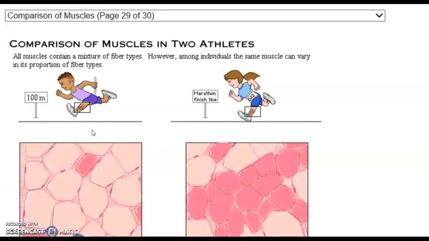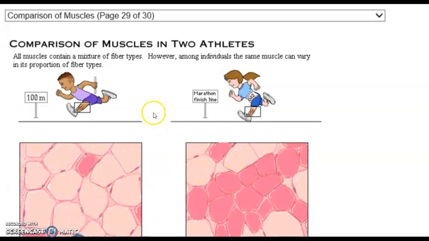There's something called epigenetics that's being studied now where that might not always be the case, but most of the time you can't change what your muscles are made up of. What you can do is develop whatever combination you have. Not everybody's going to be the world-class marathoner, because not everybody's going to have this ratio. Not everybody's going to be the world-class sprinter, because not everybody's going to have this ratio. But whatever you have, you can maximize it. You do need to understand that every muscle is going to have certain combinations of both of these.